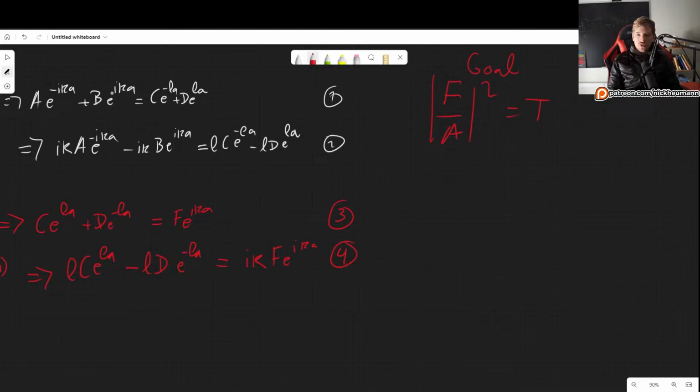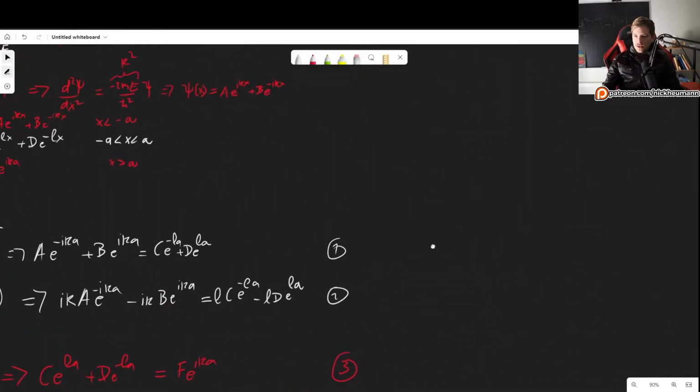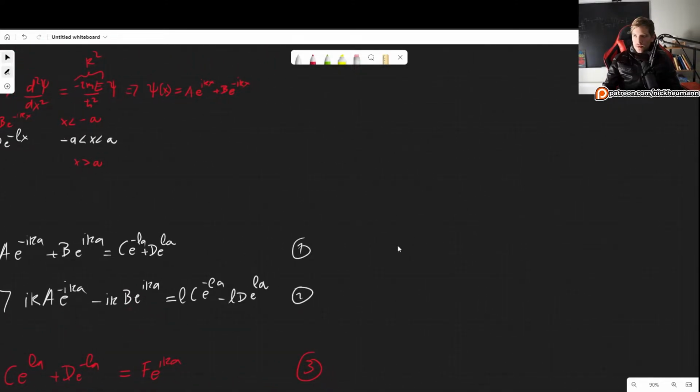So from equation 1, put it into equation 2, and that would eliminate B. So let's begin with that. We're gonna move up a little bit to have a bit more room. So we want to now put equation 2 basically, or actually let's do it step by step. So let's rewrite equation 1.